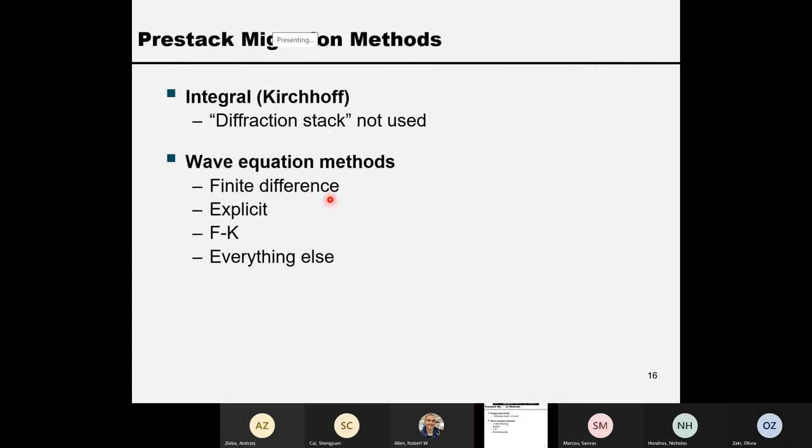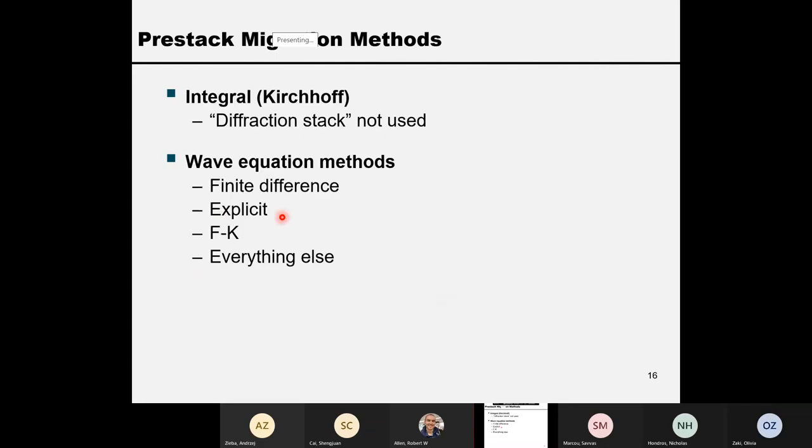So finite difference basically is in the TX domain, time-space domain, right? And if you make some assumption, you can transform your time steps to frequency. So you end up with something called an FX migration method.